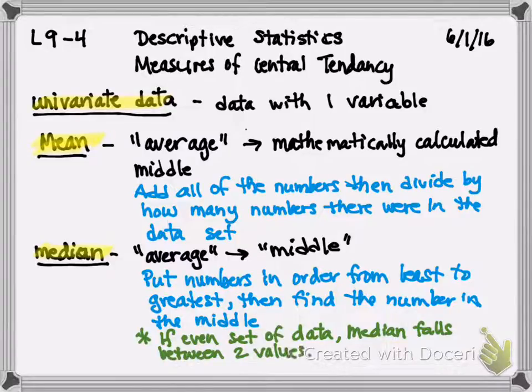So you will find the mean of the 2 values. So worst case scenario, you're going to divide by 2. All right, so that one means average, but it's physically what's in the middle.